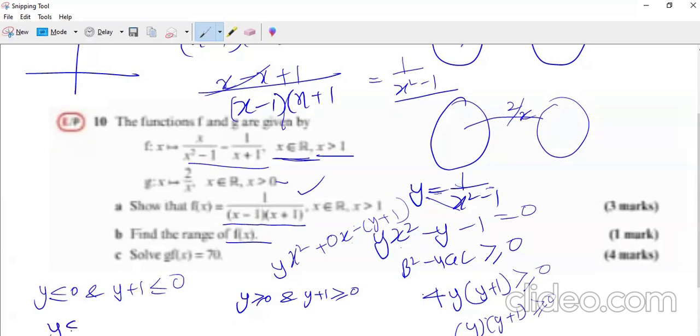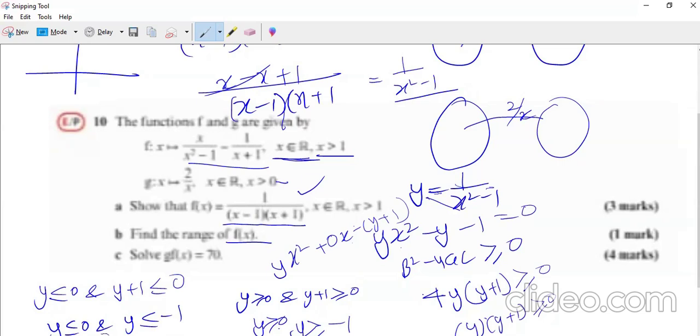So y is less than 0 and y is less than minus 1. If this is 0, this is minus 1. So the range is less than minus 1 in this case. And in this case, y is greater than minus 1 and y is greater than 0. So if it's greater than 0, obviously it will be greater than minus 1. So here the answer is y is greater than 0.